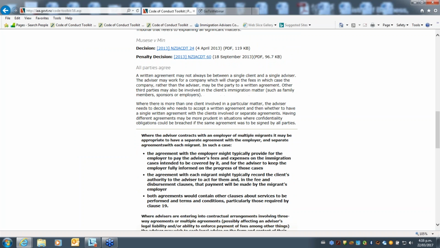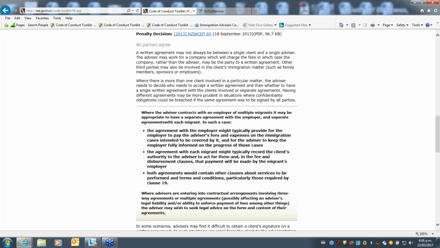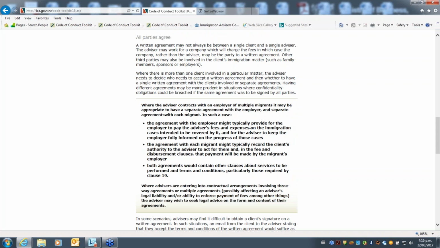So there we do have some guidance here around where there may be multiple clients and how you may manage that. Ultimately, it will be on a case-by-case basis in terms of how you deal with the multiple clients.